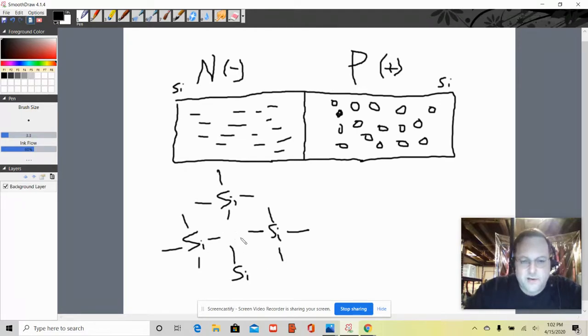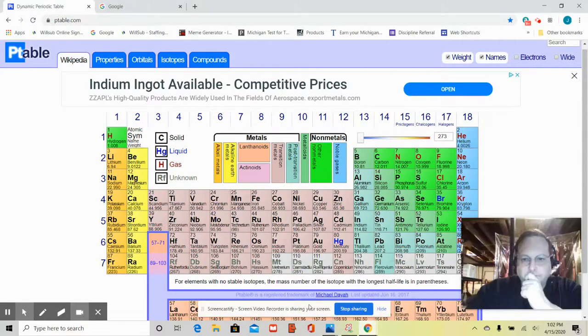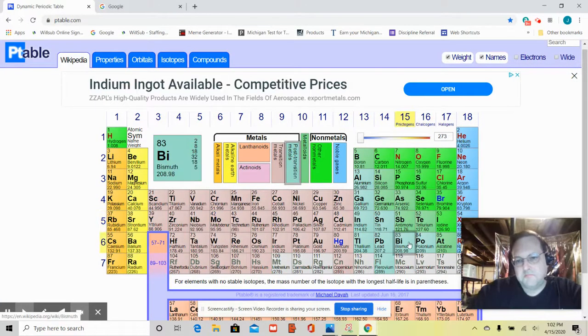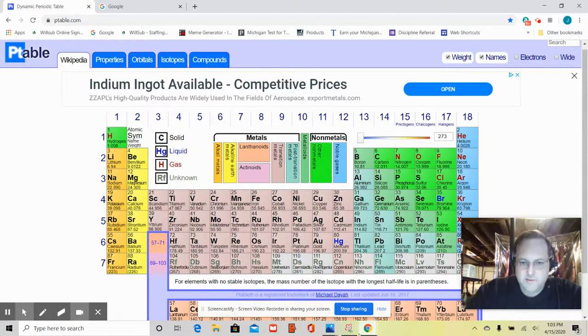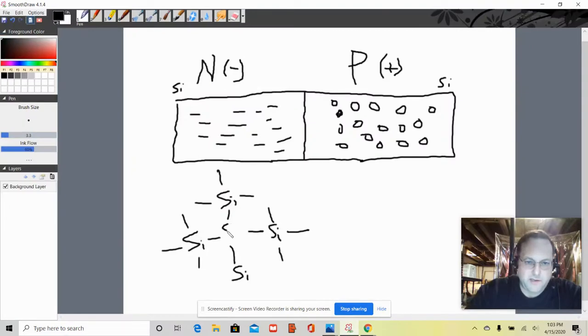But in the center here, we're going to throw our impurity. So our impurity, let's say we use antimony, SB. Let's throw an SB in here. Okay, so I'm going to change color.